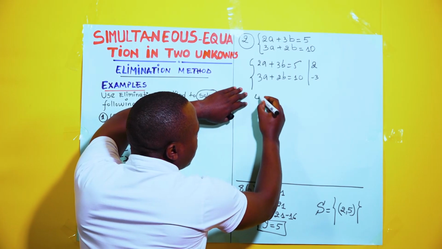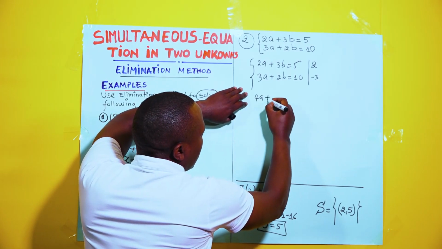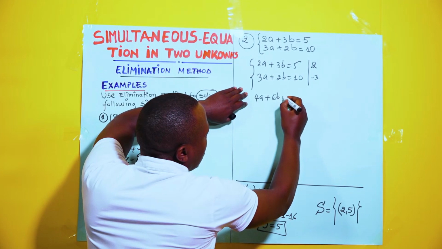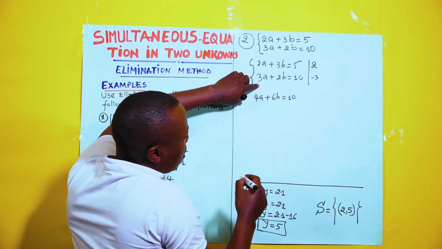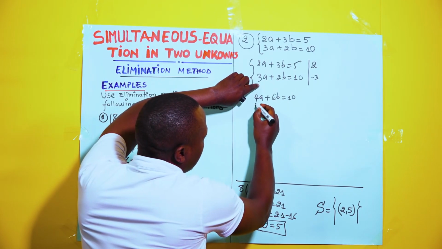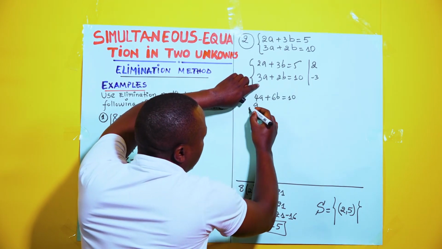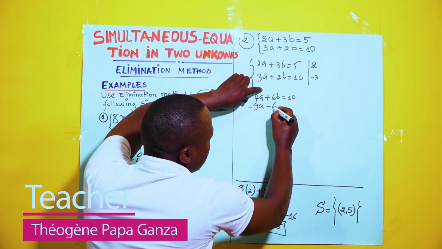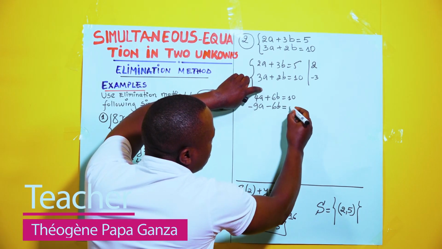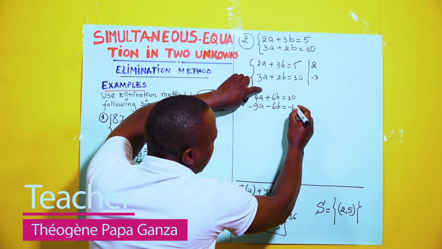It will be 4a plus 6b equals 10, isn't it? So the second equation will be negative 9a, negative 6b equals to negative how much? Negative 30.